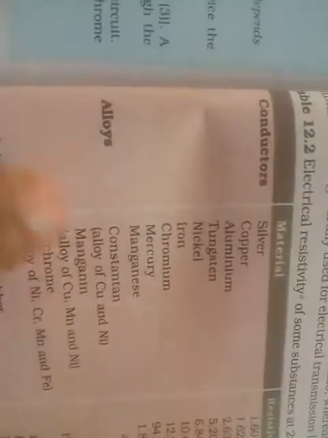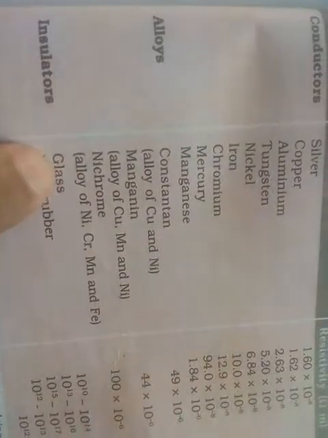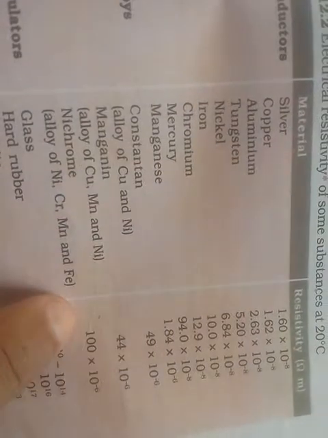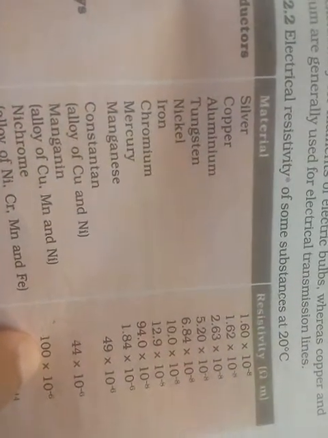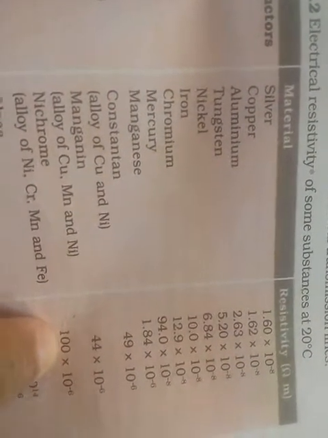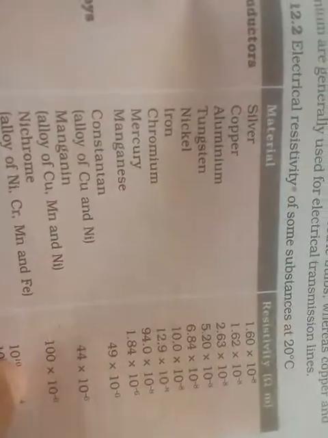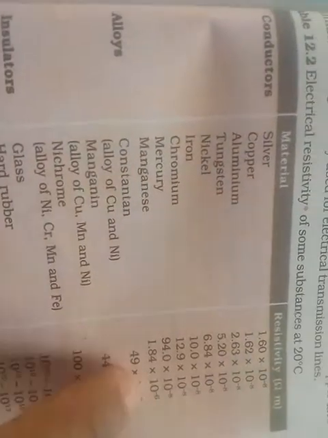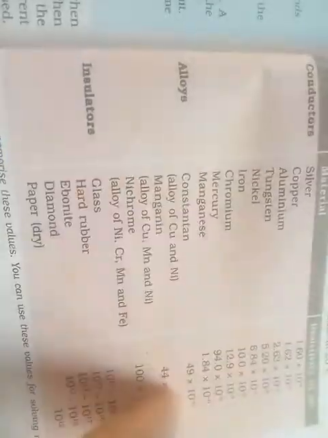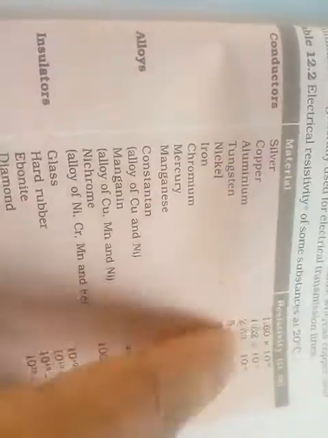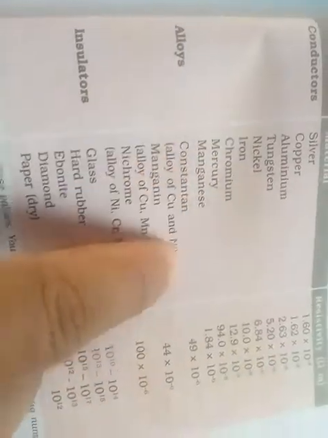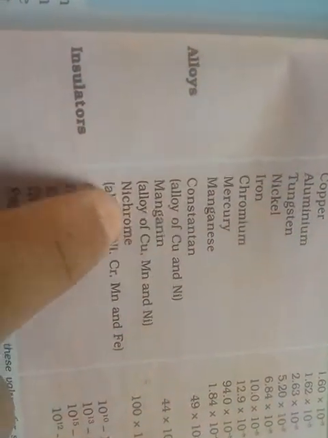For alloys, you can see nichrome, the resistance per unit length, that means of say 1 meter, is 100 into 10 raised to minus 6, which is somewhat greater than that of silver. Silver is the best conductor, and this is a moderately good conductor, or resistor we can say. These are conductors, these are resistors, constantan, nichrome.